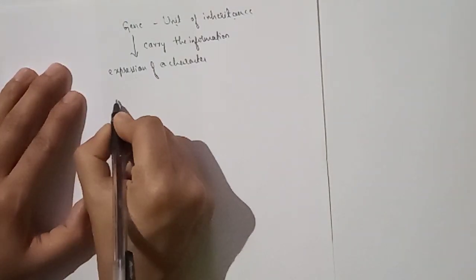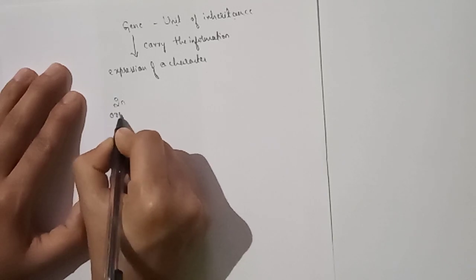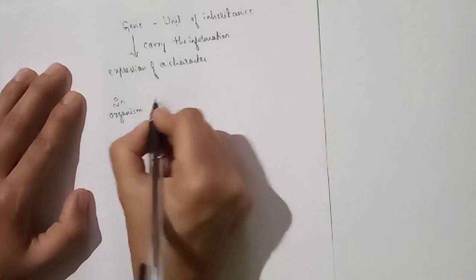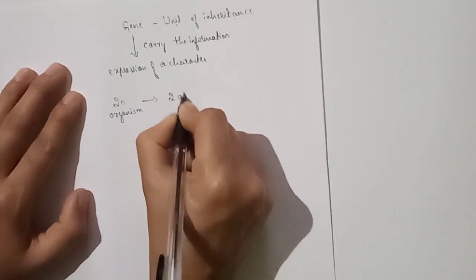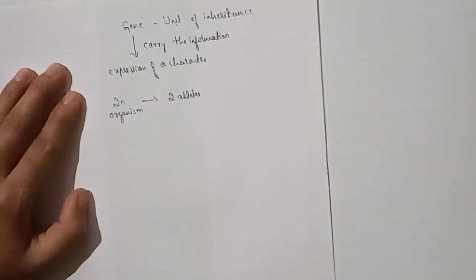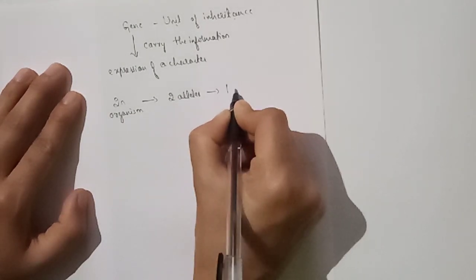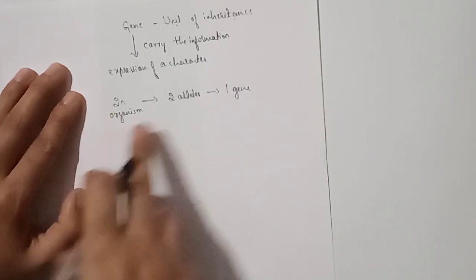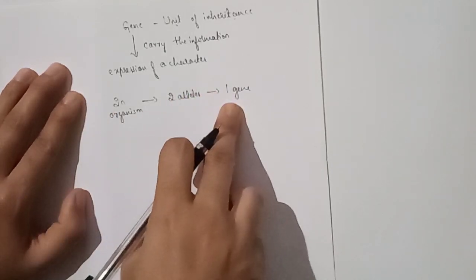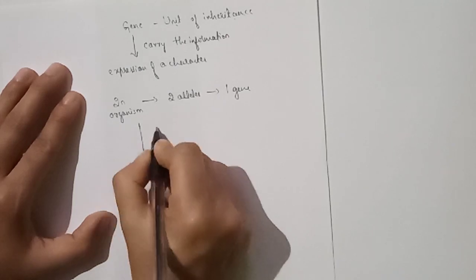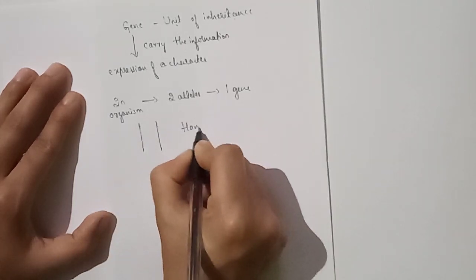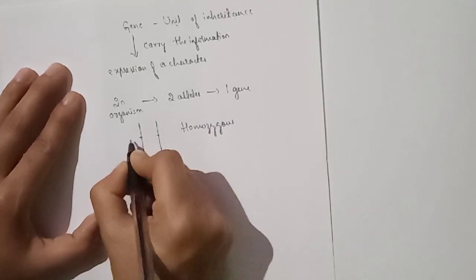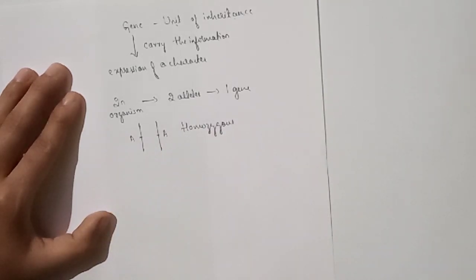Clear? In a diploid organism, there are two alleles for a single gene. In homozygous condition, there are identical alleles for a gene.